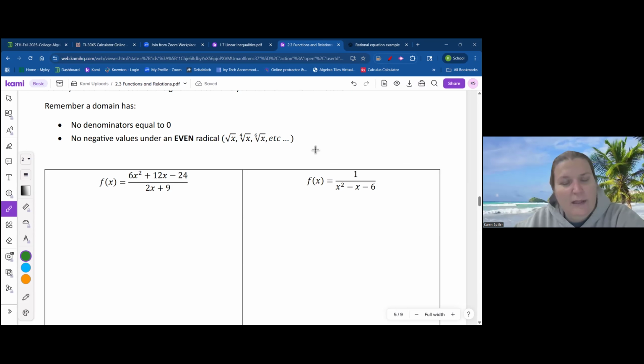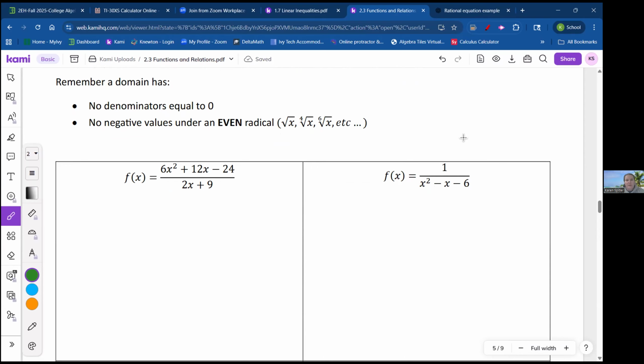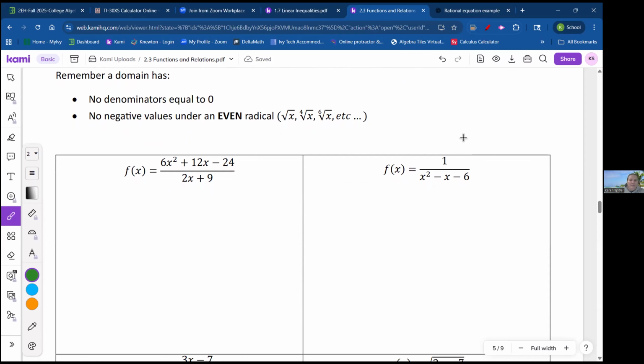So it doesn't rightly matter what my numerator is because numerators being 0 is perfectly fine. It's when denominators are 0 that there is a problem. So even though my numerator is 6x squared plus 12x minus 24, we don't care. Leave it alone. We care about that denominator not equaling 0. So 2x plus 9 cannot equal 0. 2x cannot equal negative 9.